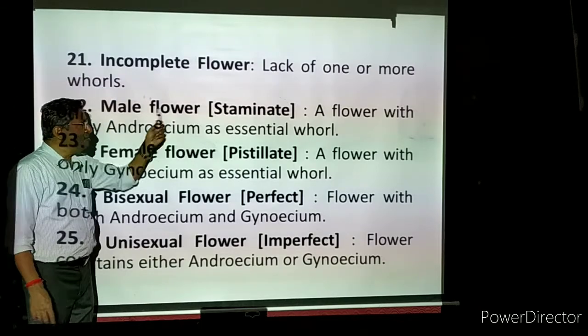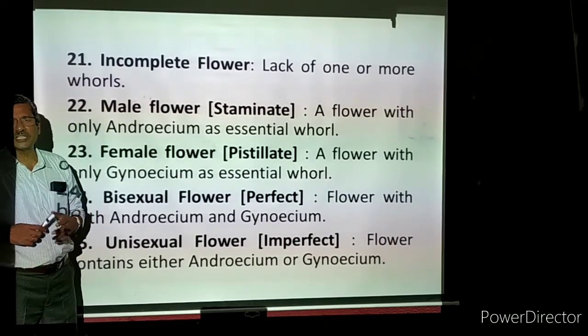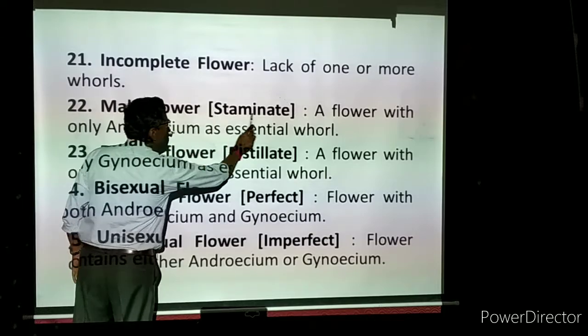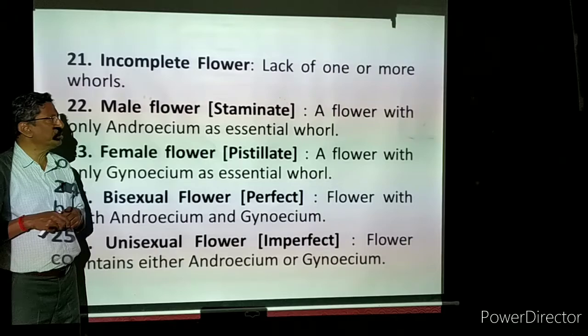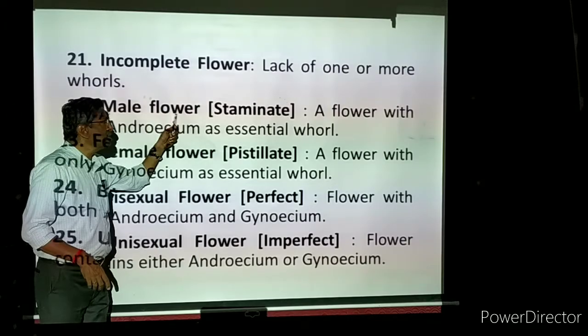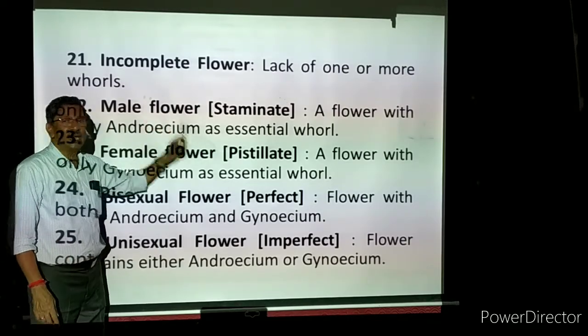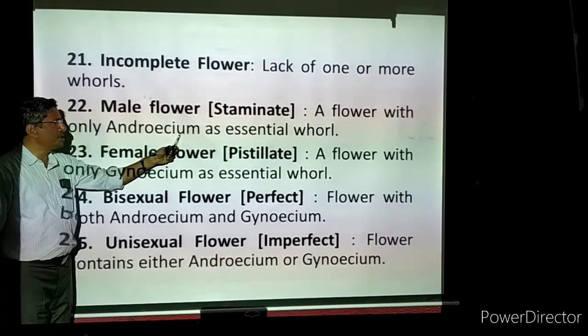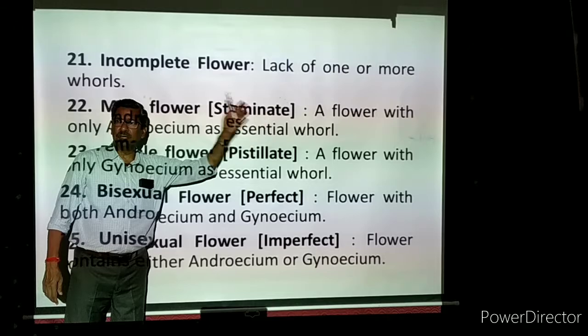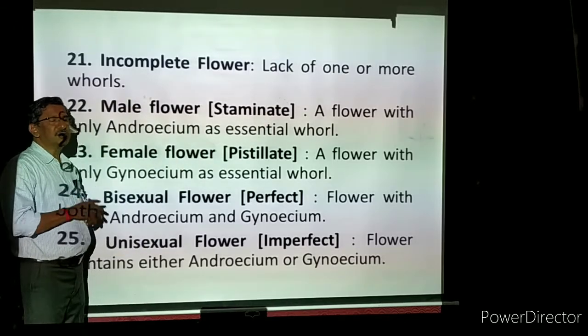Next one is male flower. In the name itself we can understand male. It is also called a staminate flower. That means of the essential whorls, androecium and gynoecium, only androecium is present and gynoecium is absent. It is called a male flower: a flower with only androecium as essential whorl. Gynoecium is not at all seen.